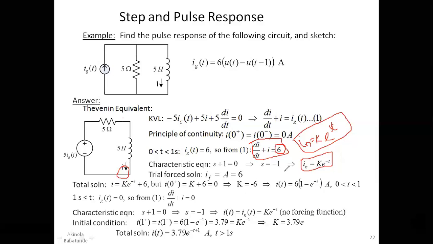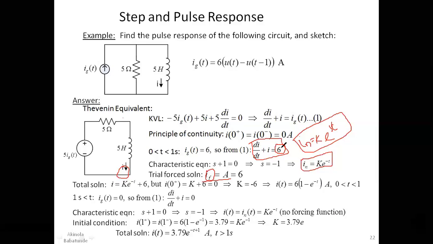Now to find the forced solution, we'll use a trial solution if. You say let if be equal to A, or any kind of constant that you want. Whenever you see i, you put if there, and if if is equal to A, you can also replace if with A. A is just an arbitrary constant.